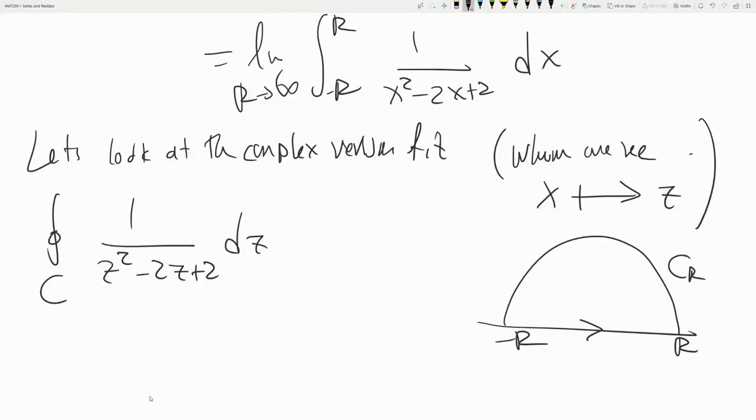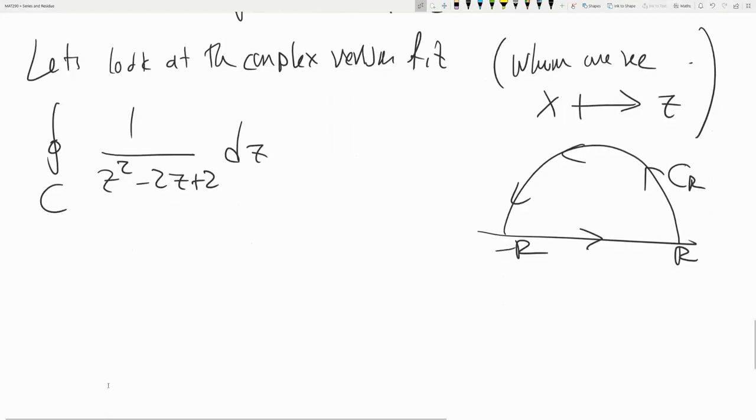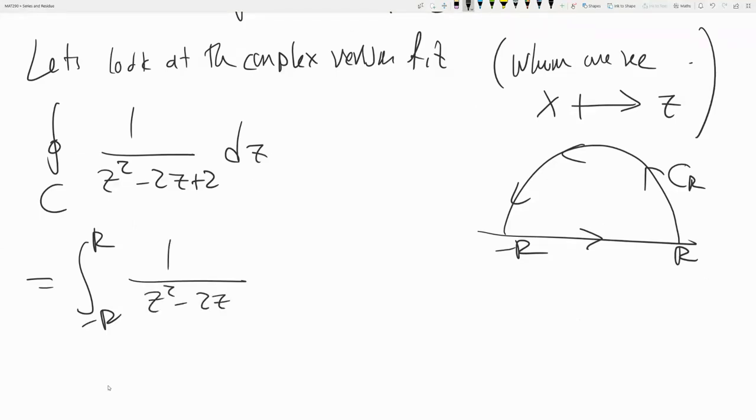So that's the contour, and we split it: minus R to R plus the semicircle part.